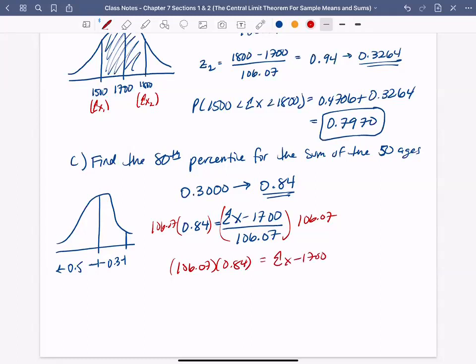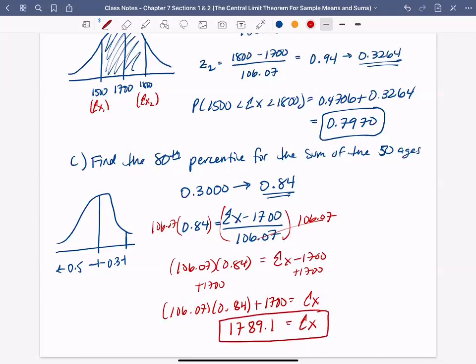Then you're going to add 1700 to both sides, right? So we have 106.07 times 0.84 plus 1700, the summation. Put all that into your calculator, and we get 1789.1.